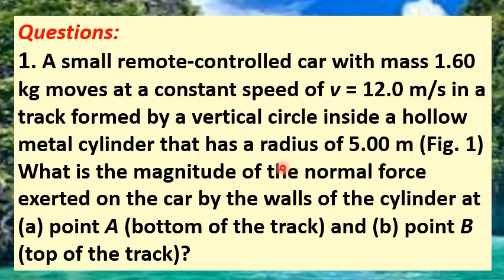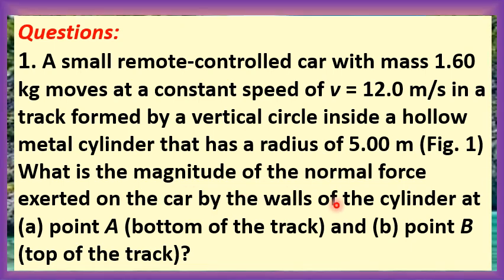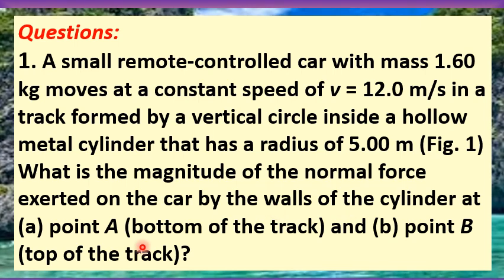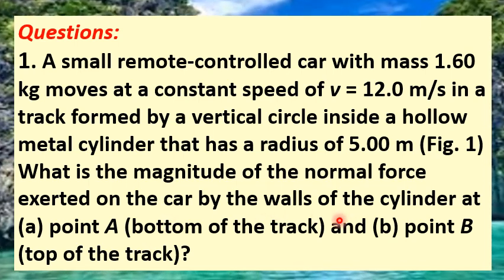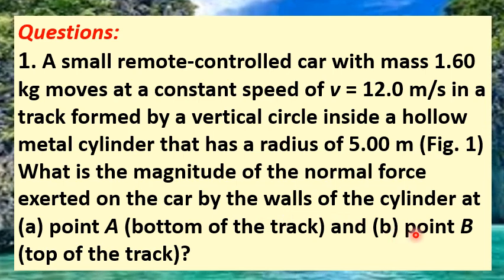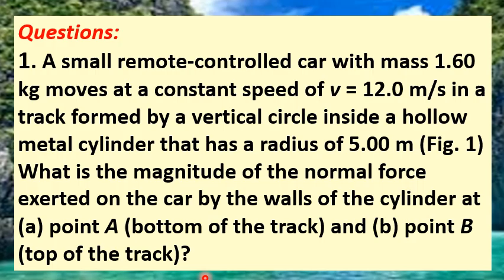What is the magnitude of the normal force exerted on the car by the walls of the cylinder at point A, or the bottom of the track, and letter B, at point B, or the top of the track?